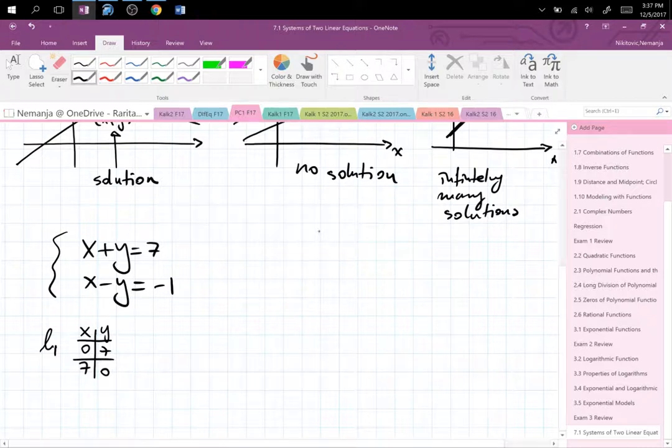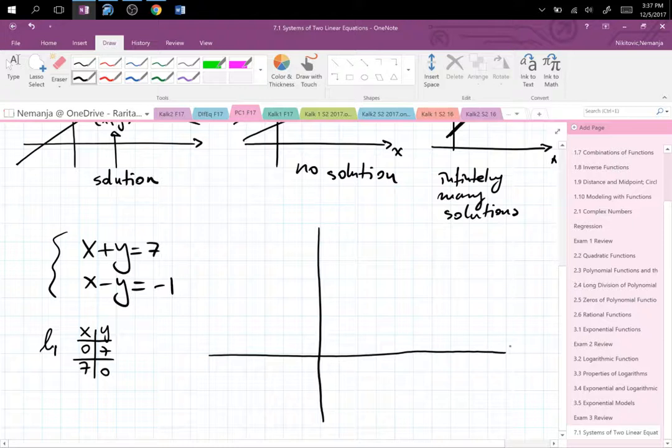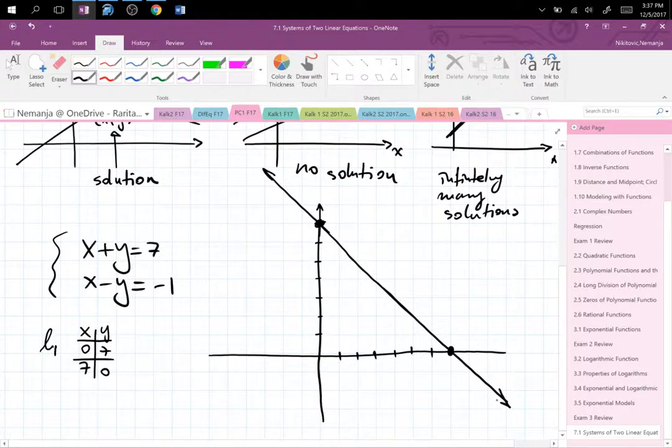So we can graph the first one at 7, 7, and then we connect these two. And then for the line 2, so this is our line 1.